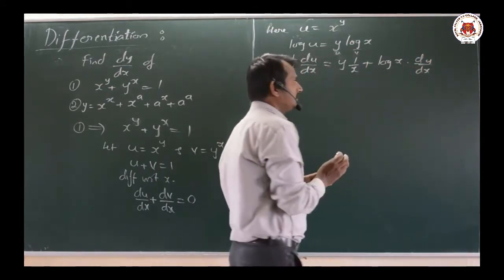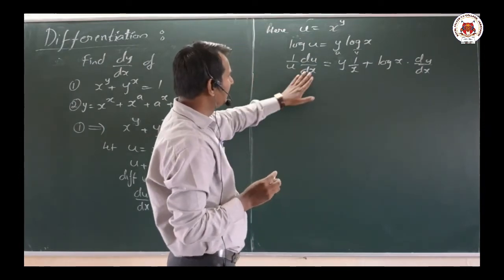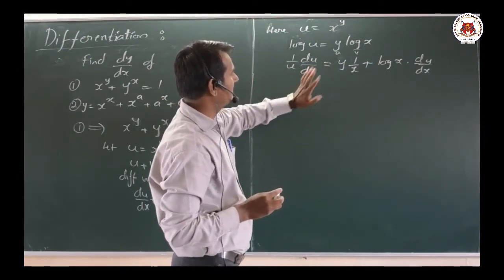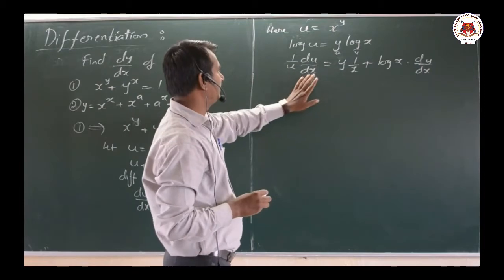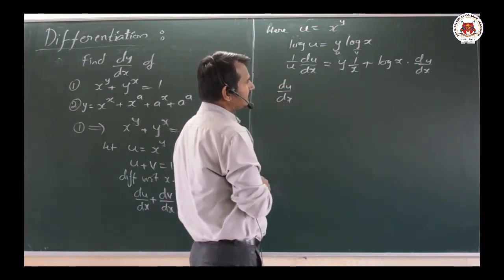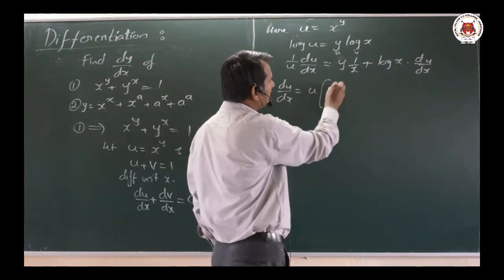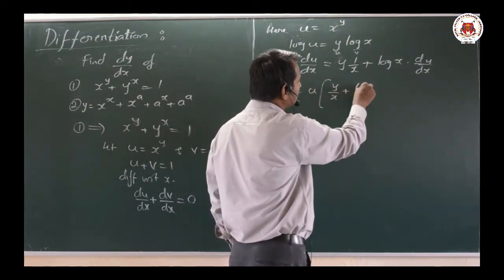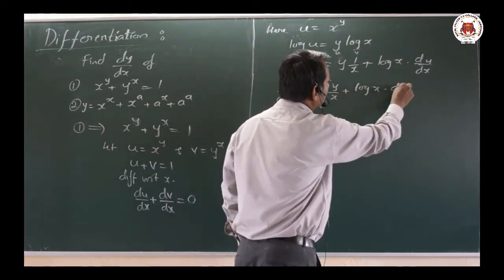Very simple thing. Now here du by dx value is equal to u into y by x plus log x into dy by dx.